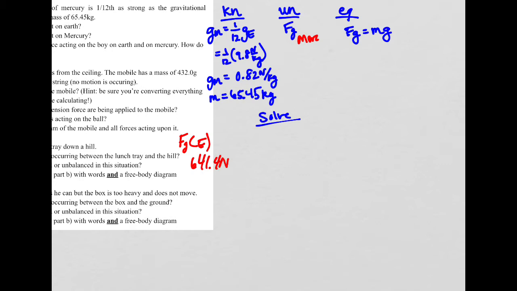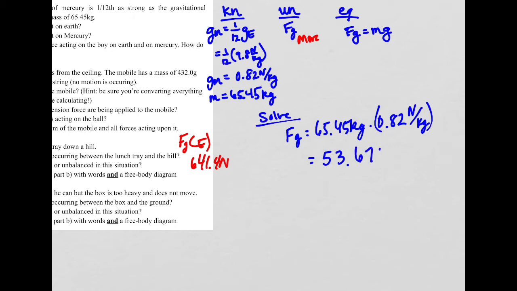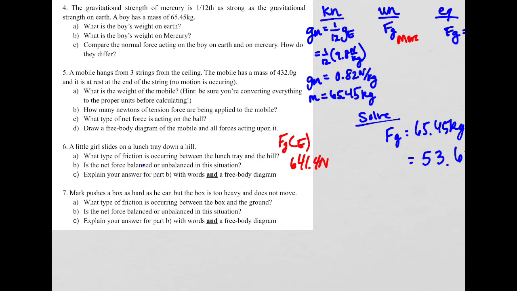All right, we already figured out our gravitational strength on Mercury, so we actually just have to plug everything in again. 65.45 kilograms times our gravitational strength on Mercury, which is 0.82 newtons per kilogram. And when I plug this into the calculator, I get that the boy's weight on Mercury is 53.67 newtons.